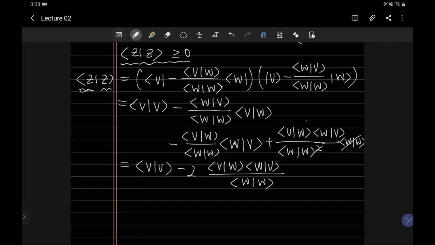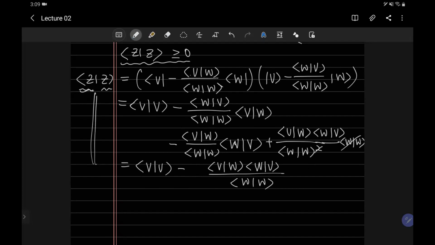And finally, we have this term, but you will note that this term is the same as this one, because this square is cancelled by this one. Now it is plus rather than minus, so this 2 will become just a minus 1 only. So this is the result of the ZZ value.